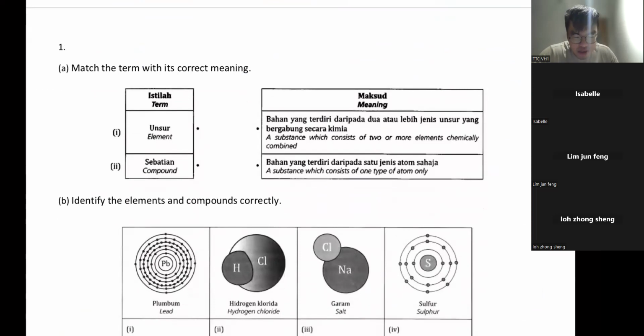Anyway, an element is a substance which consists of one type of atom only. A compound like water has 2 or more elements. Water has H and O, so it's H2O, so it's a compound. Am I making sense here, guys? I hope I am.